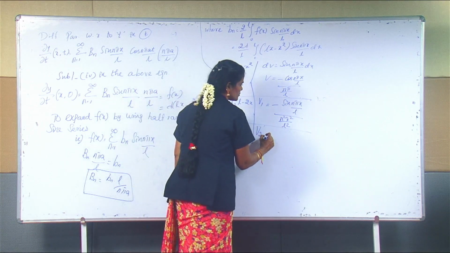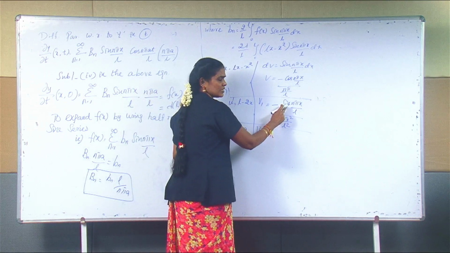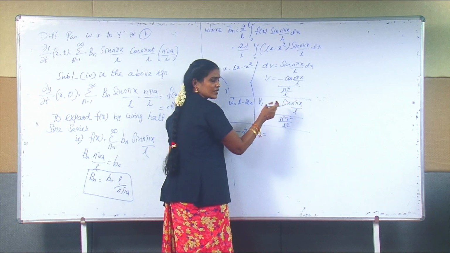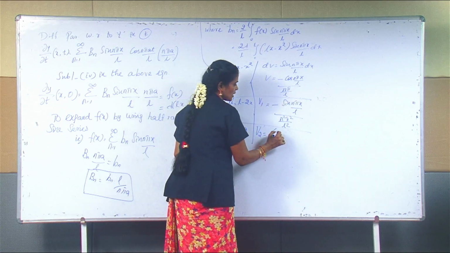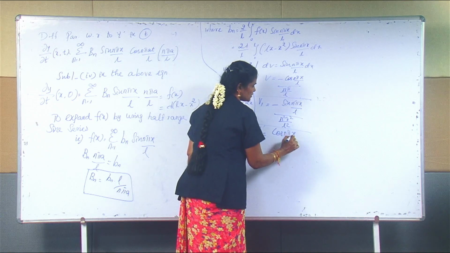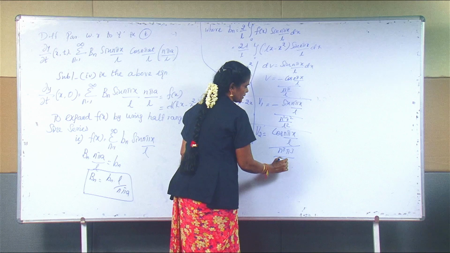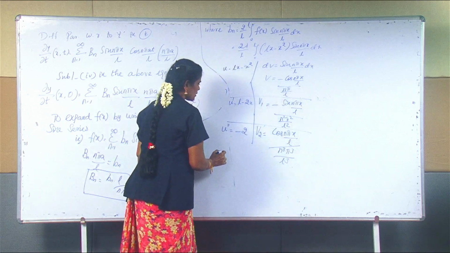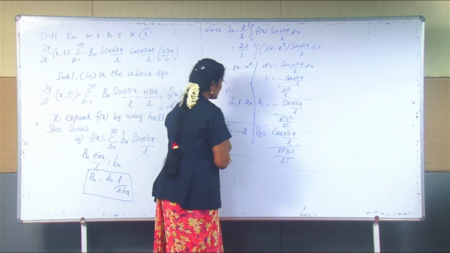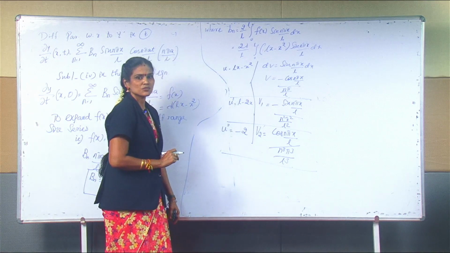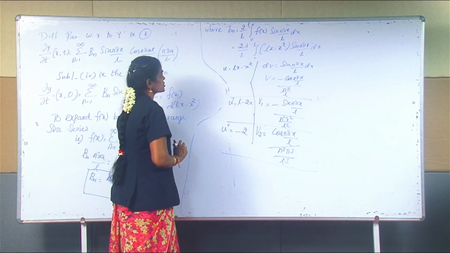Integration of v1 is v2. Integral of sin is minus cos, and already we have a minus sign, that is why it becomes plus cos n pi x by L divided by n cube pi cube by L cube. You have to stop up to this one, because if you differentiate u double dash it becomes 0, since we have minus 2, the constant term.